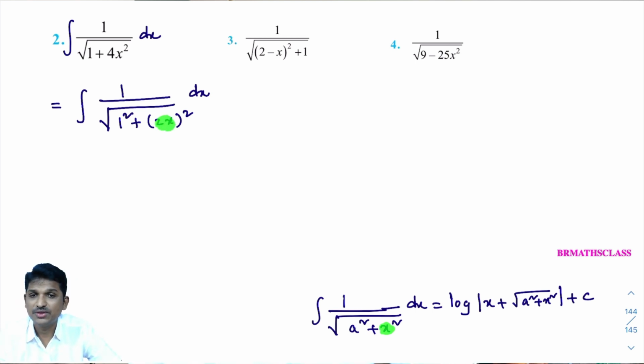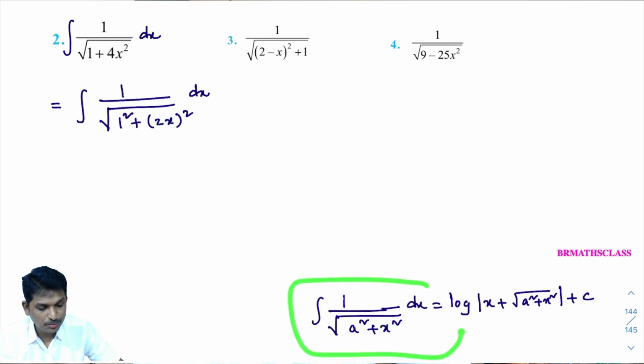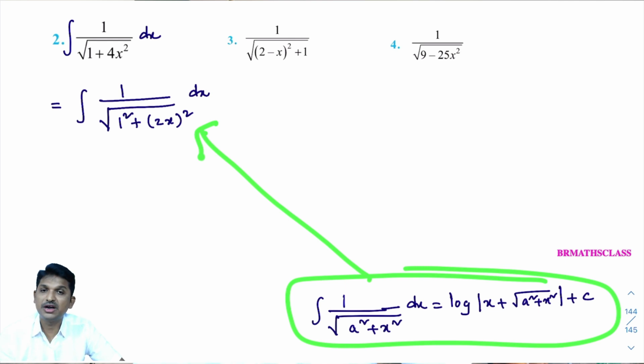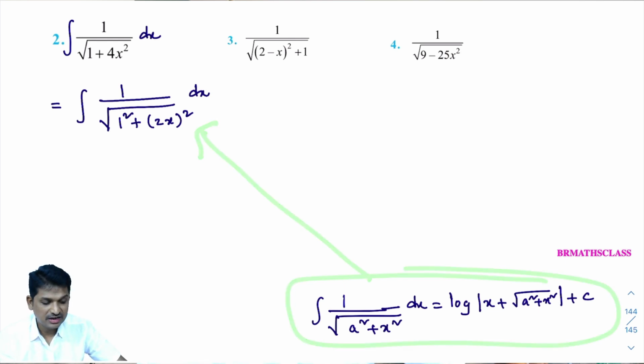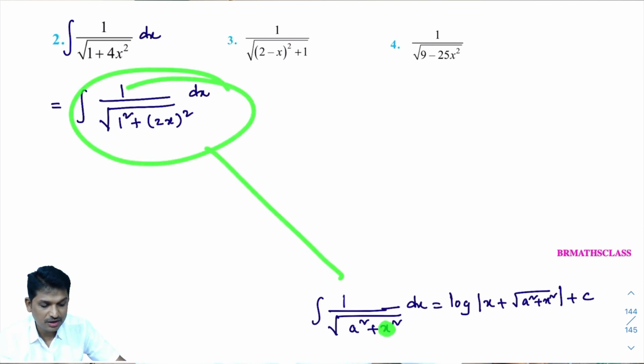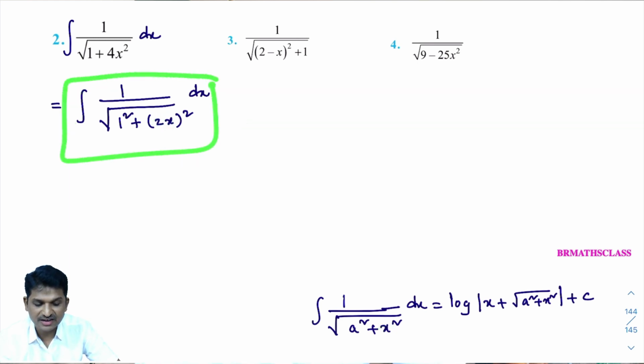So, by using this formula, can I do this problem or not? Yes. Why? Because in this formula, in place of x, ax plus b is there, and then I know how to write its answer directly.